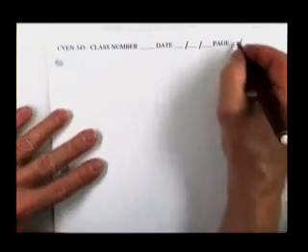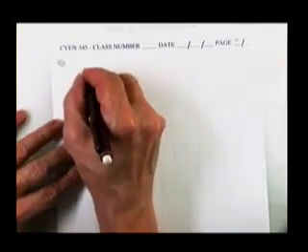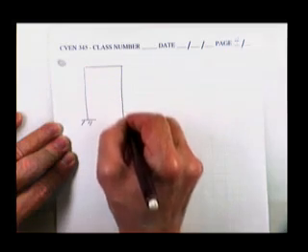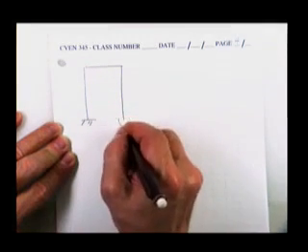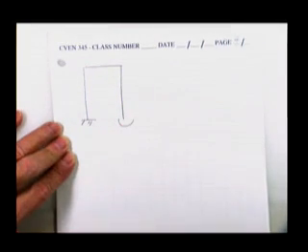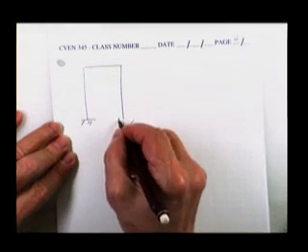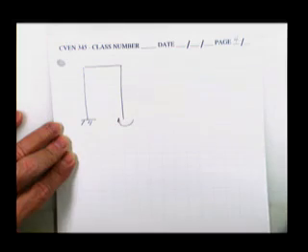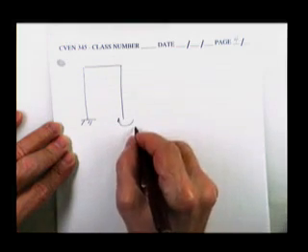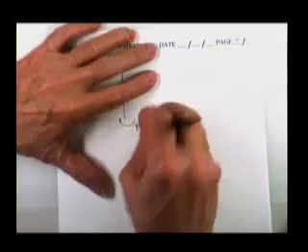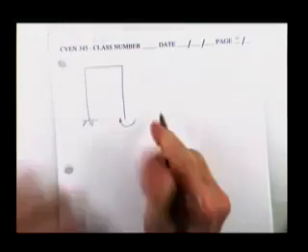And finally, here's the structure. Which way did we call positive? We call the positive reaction this way. I'm going to put a 1.